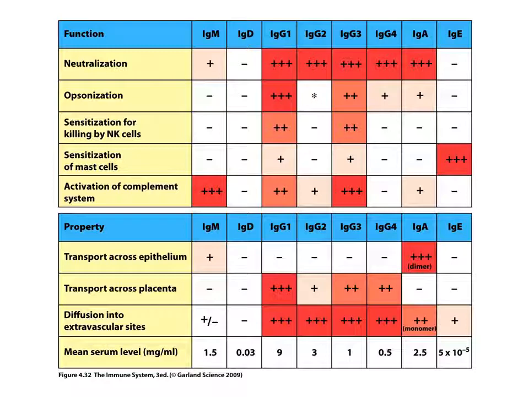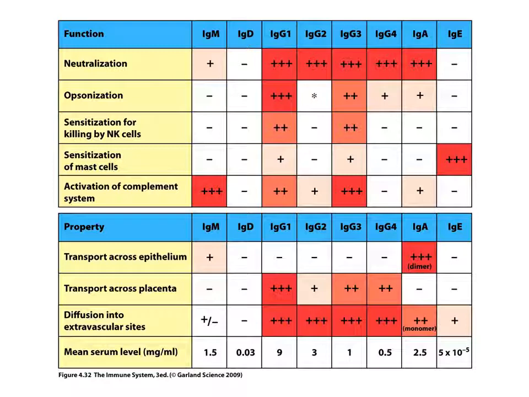So there is an existing pattern. It is a part of the innate immune response. It's already there. And if you remember, the most important antibody that is there on the mucous membrane is IgA.